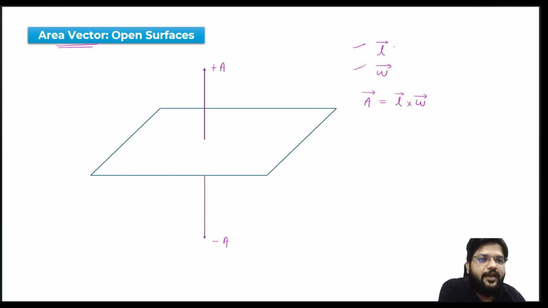So if we have length in vector form and width in vector form, we take the cross product of L and W, and then you will get the area vector. I hope it is clear how we can find the area vector for the open surface. So note this down, everyone.